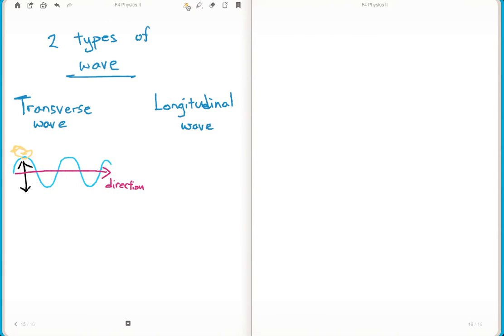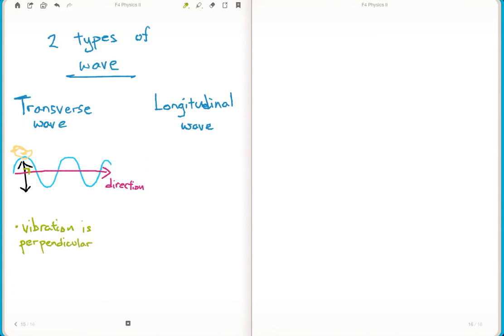If you want to put it in a more physics or scientific way, the vibration is perpendicular, meaning it's 90 degrees. Yeah? 90 degrees. I think you need to learn this word by now. In BM we call it serenjang.